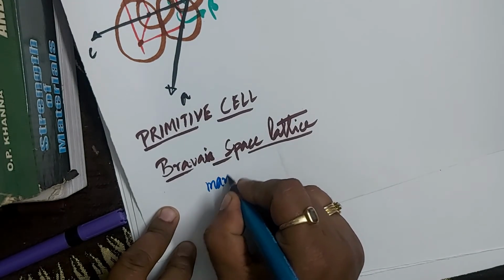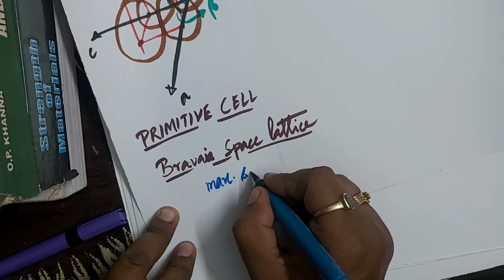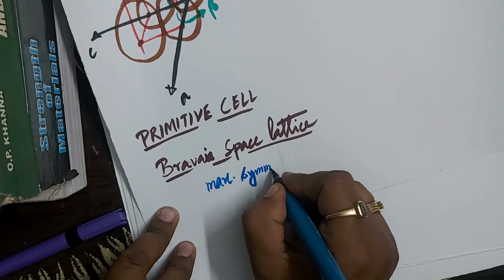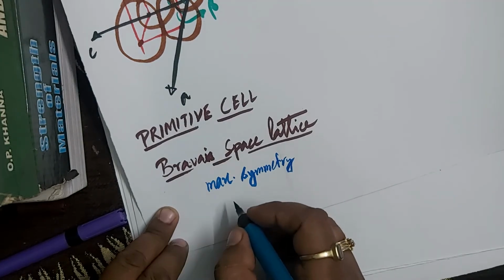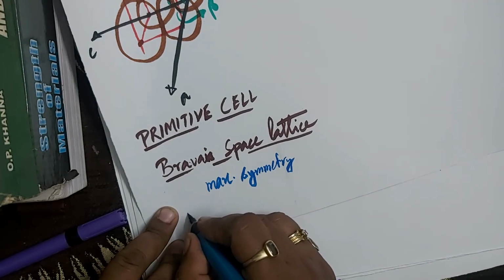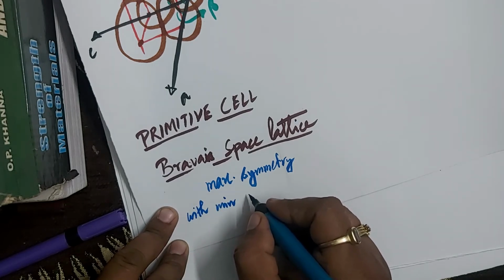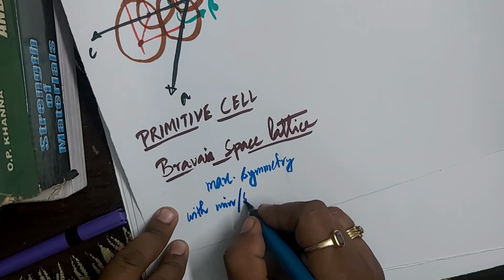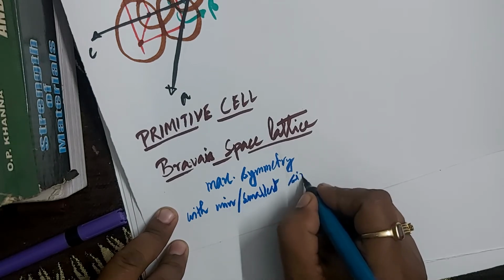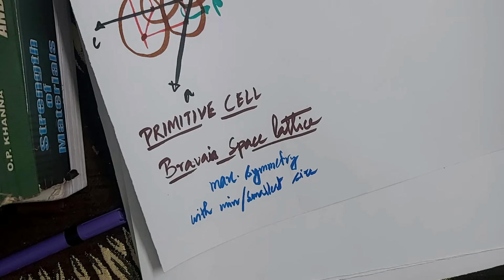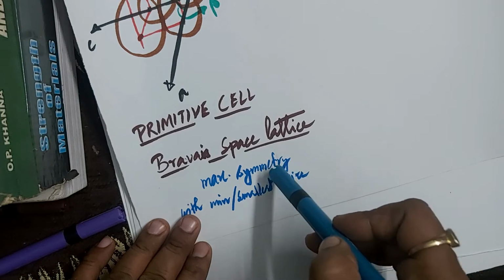Maximum symmetry with minimum or smallest size. What are the different types of symmetries?